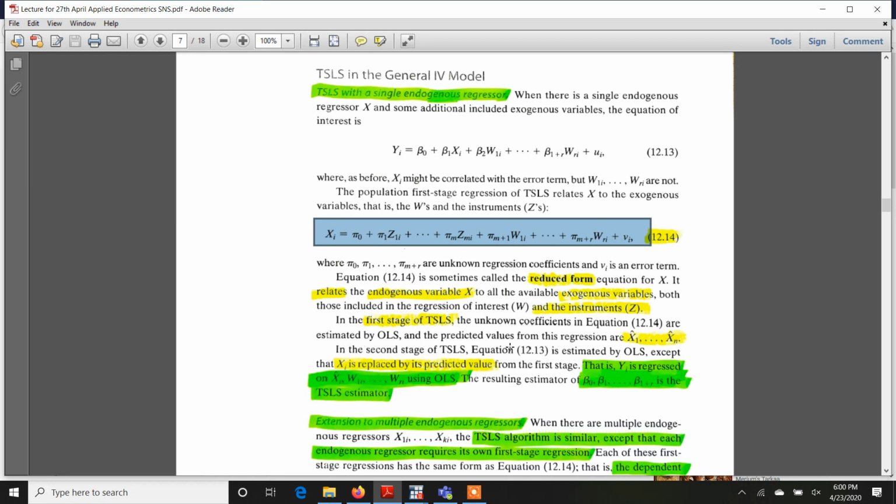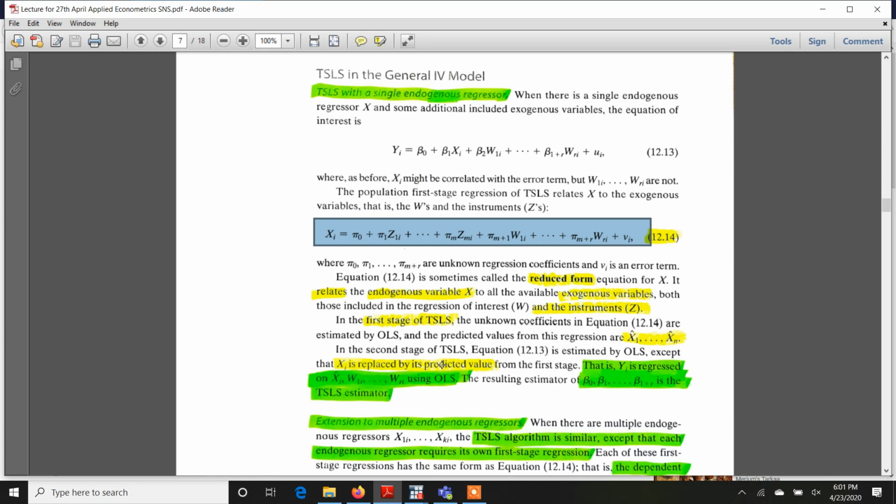Then in the second stage of TSLS, this equation 12.13 is estimated by OLS, except that Xi is replaced by its predicted value. Instead of Xi, I will use the predicted value from the first stage, right? So actually you don't have to perform all these steps, because the statistical software has built in, and runs the first stage regression and the second stage regression as well.